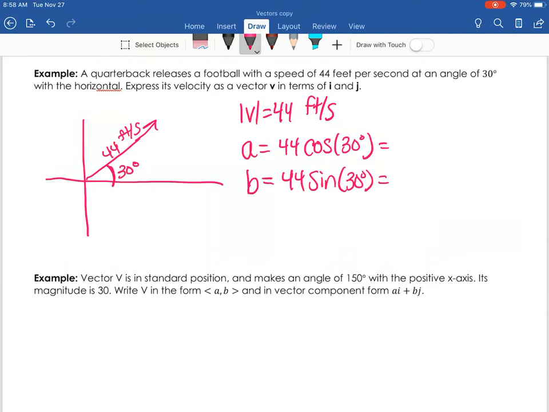My cosine of 30 degrees is the square root of 3 over 2. So I'm going to have 44 times the square root of 3 over 2, which would be 22 square roots of 3, because I can divide that 2. The sine of 30 degrees is 1/2, so I have 44 times 1/2, which would give me 22.